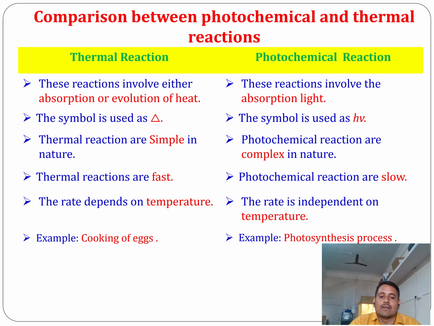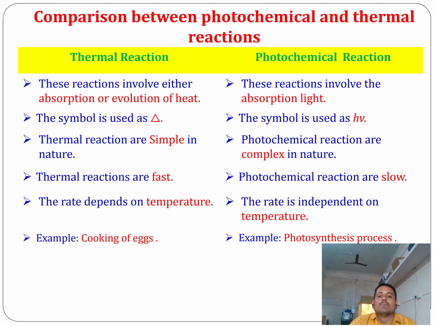Thermal reactions are very fast, but photochemical reactions are normally slow. The rate of a thermal reaction depends on temperature. When the temperature increases, the rate of reaction doubles or triples.